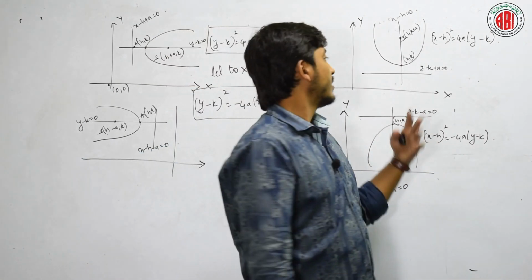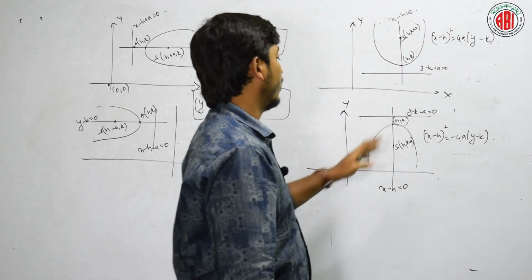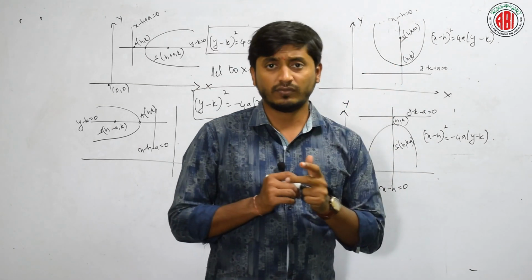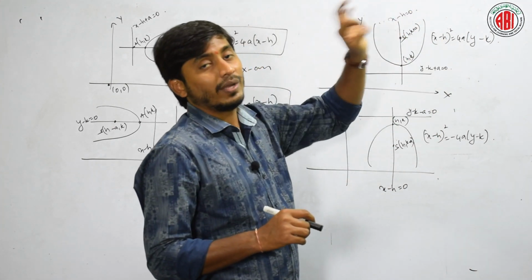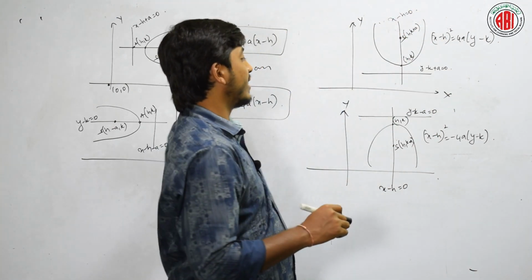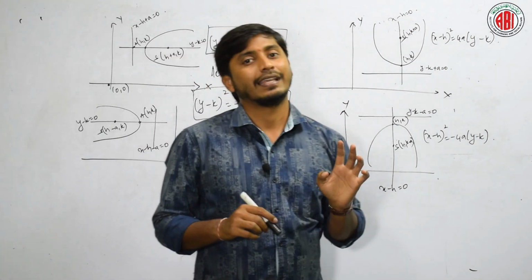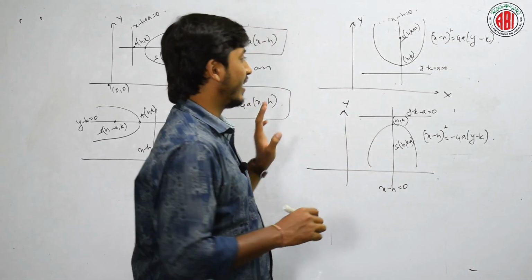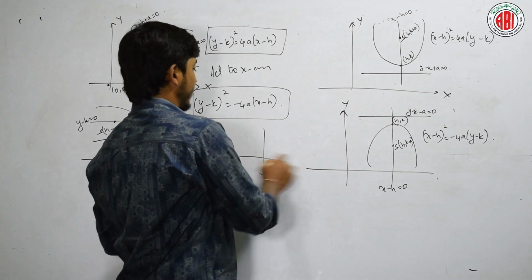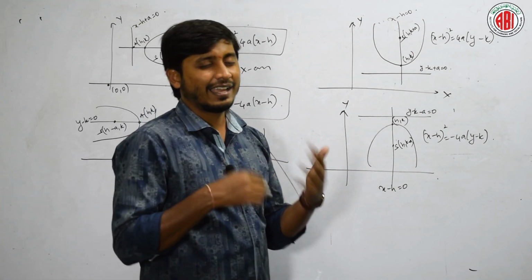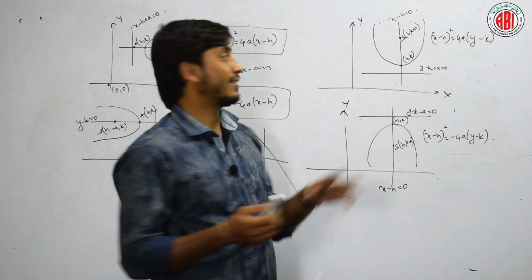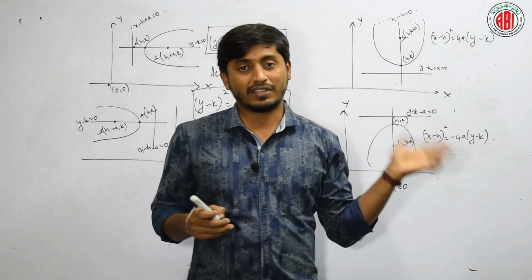Yes or no? Similarly, we can have this kind of formulas. So, this particular square term matters, which type of equation it is. Yes, these are the basic kinds. What if the axis is in this direction, like this? That has other consequences. Clear? Are you okay with all of this?